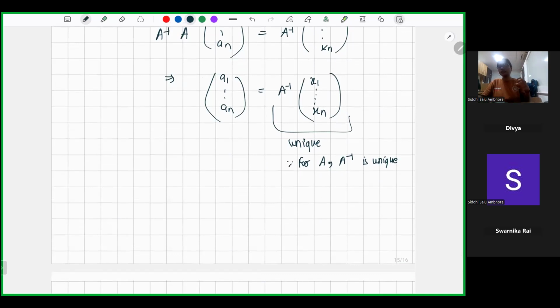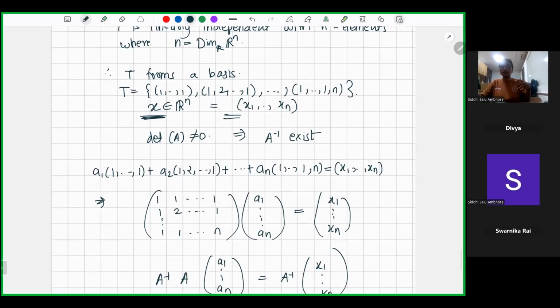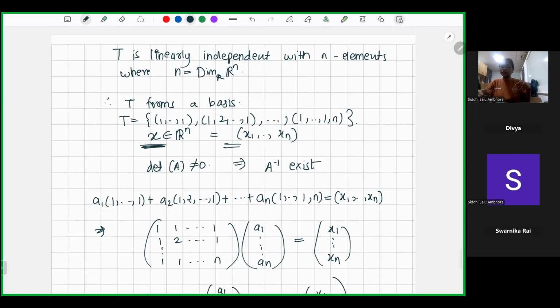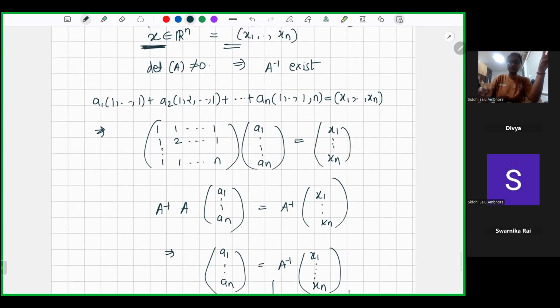So, uniqueness of this expression. Instead of this, if you take any n linearly independent vectors, to check whether they form a basis or not, we first have to check whether they are linearly independent. So you can form a matrix of those vectors and check its determinant.